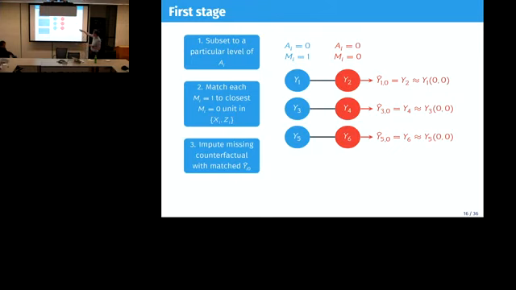Right, so we're focusing on the same levels of A. What we're essentially doing is getting our best guess about what y1 would have had under 0, 0, which is what we observe for y2. And we can go down the line for each of these. But the important part is that we're finding ones that are close in terms of the baseline and the intermediate factors.